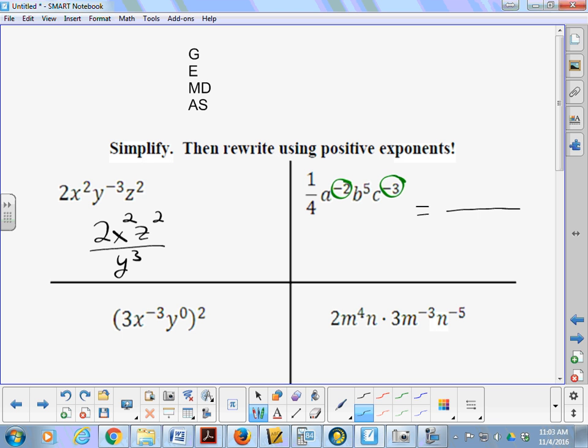The only thing with a positive exponent is the 1 and the b to the fifth. So we have b to the fifth. That stays here. Does not change because the exponent was positive. Now, we have 1/4, so that means that the 4 is in the denominator already. And then we're going to take the a and the c, put them in the denominator, and we're going to change those exponents to positive.